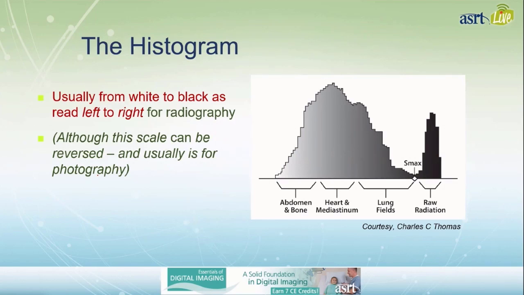Usually the histogram is displayed, or we think of it in our own field, as going from white to black, from left to right. But be careful, that scale can be reversed, and in fact, in photography frequently is. The first digital equipment that we got in our lab came up with these histograms that always had a spike for an extremity.